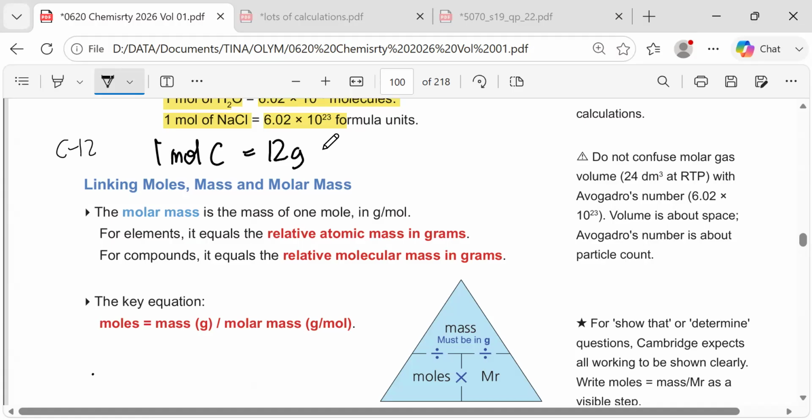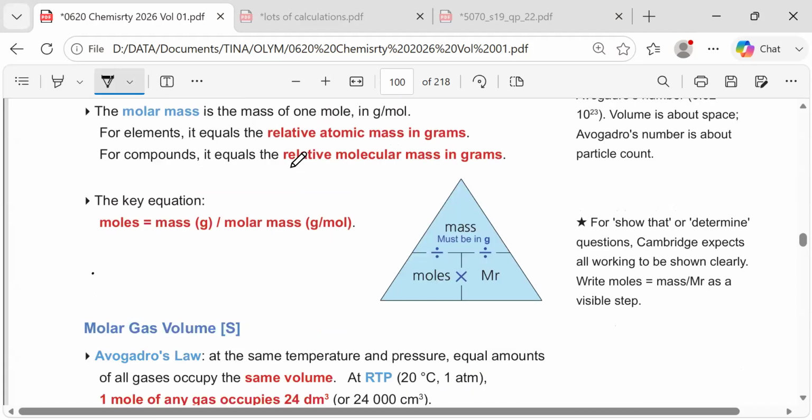So 1 mole of carbon, meaning 6.02 times 10 to the power of 23 carbon atoms, is equivalent to 12 grams. Now suddenly there is a unit, suddenly there is a mass. So that is the importance of Avogadro's constant: making something that was relative, just a comparison, into something real. Can you understand now? All right.